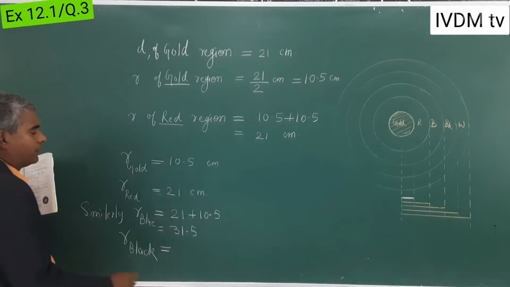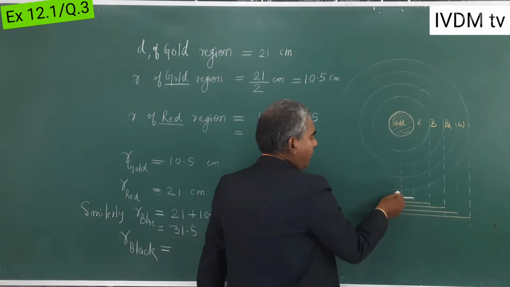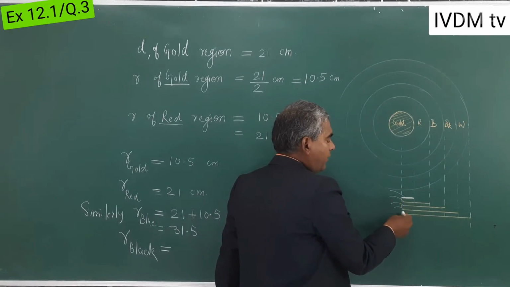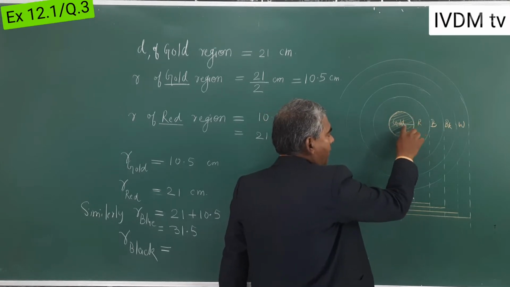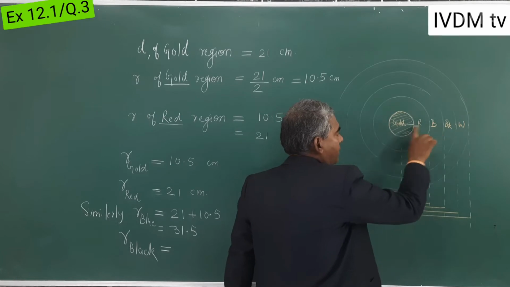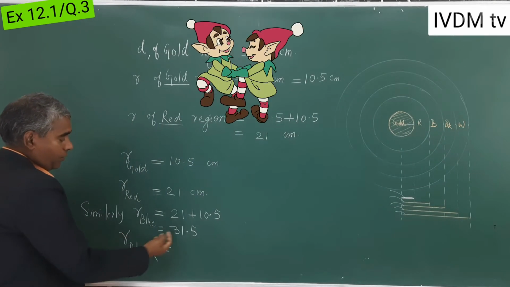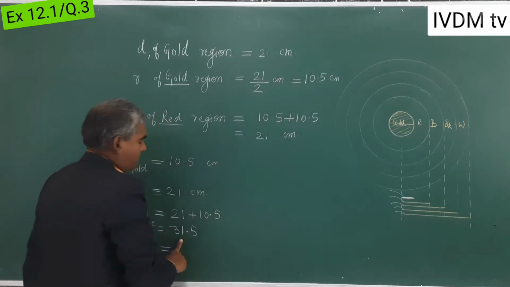Then again 10.5 add. So this is 1 times, or you may say this is 2 times, the second one this is 3 times, this is 4 times, and this is 5 times. R blue was actually radius here 3 times.